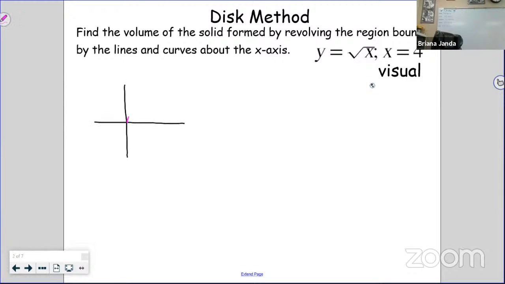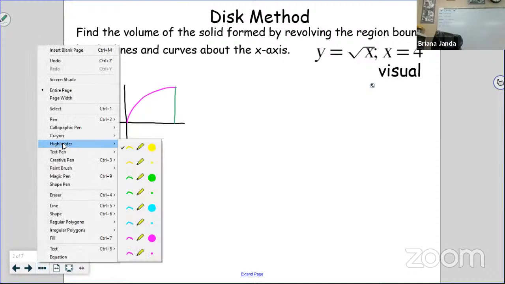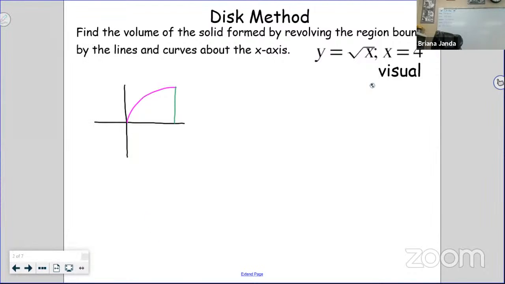So we've got this square root of x function, and the line x equals 4, which is a vertical line here. The area bounded by that in our first quadrant would be all of this, and that area is what we are going to revolve around our x-axis.